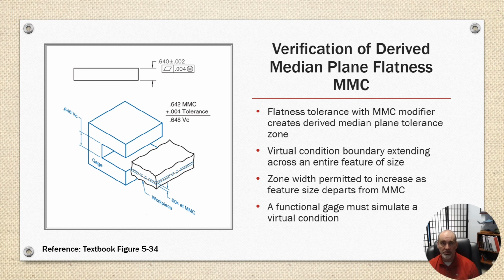A functional gauge must simulate a virtual condition, and additional tolerance is automatically accommodated. So you actually have a physical gauge this could slide into, and the gauge is calculated to have your tolerance for flatness, and you're simulating the tolerance at the center with your gauge sliding in and out and measuring the variance of those surfaces.